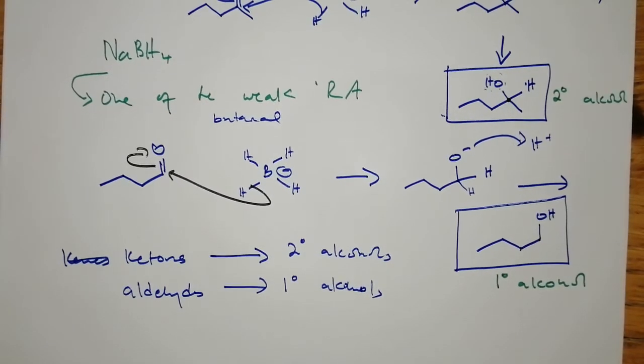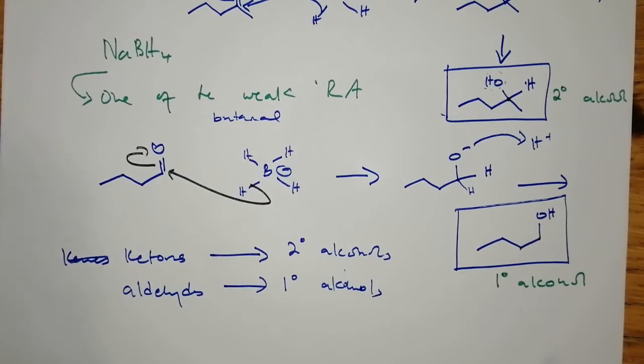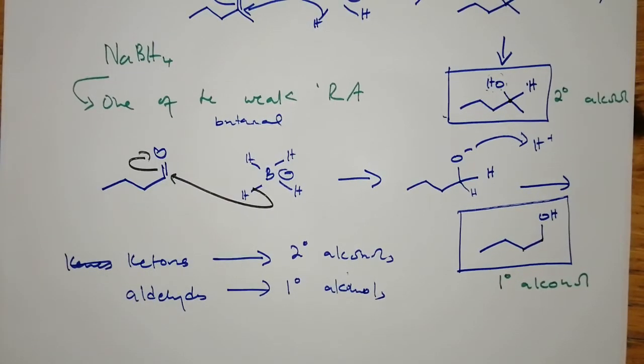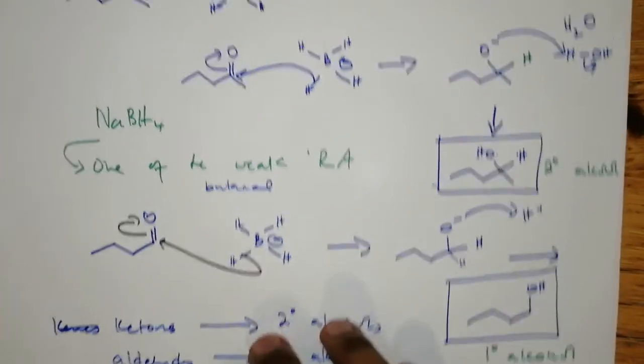So when reduction happens, ketones form secondary alcohols, and then aldehydes form primary alcohols.